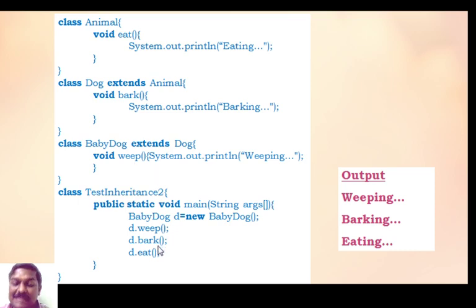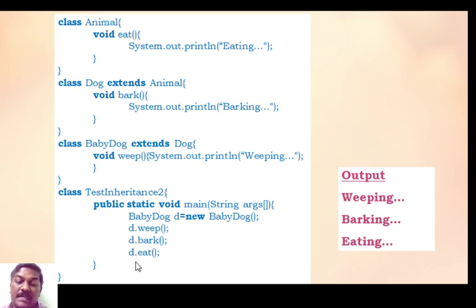Then the second one, I am calling the method called bark. That is from the base class of baby dog, so automatically barking will be printed on the screen. And again I am calling the superclass, that is the animal class method eat, from the derived class baby dog.